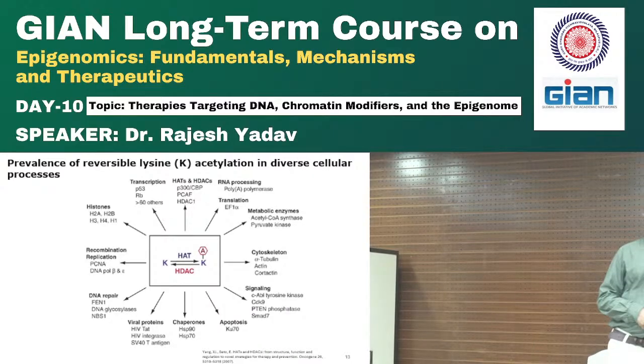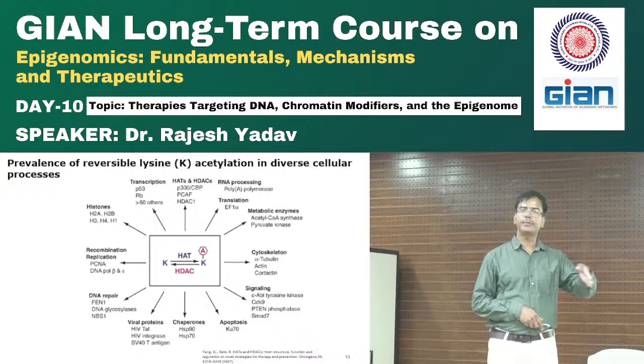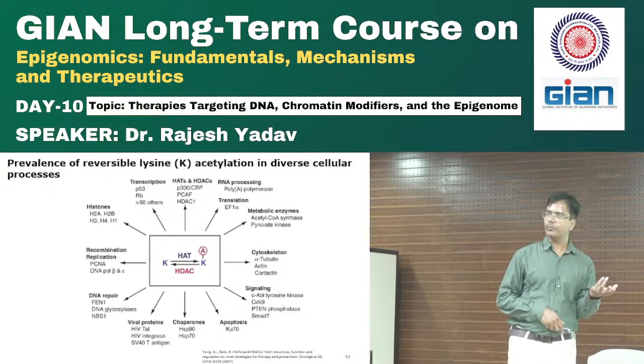So if you put the acetylation, then that will loosen it, and then there will be a protein which will basically dismantle. But what she is saying could be right. Many times it happens. But the general, I agree with this. At least for one part, everyone agrees.